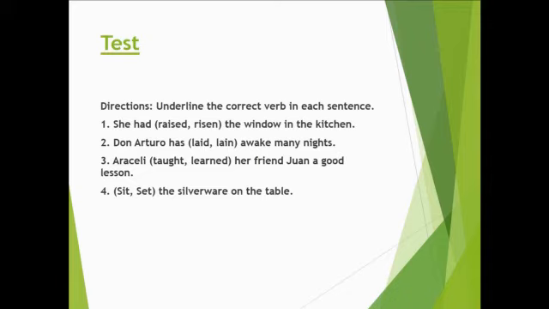Question number 3: Araceli taught or learned her friend Juan a good lesson? Question number 4: sit or set the silverware on the table? Which verb will you choose?